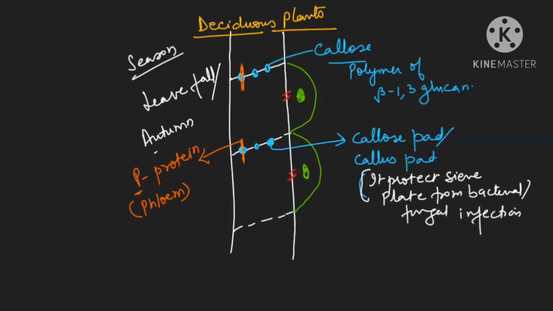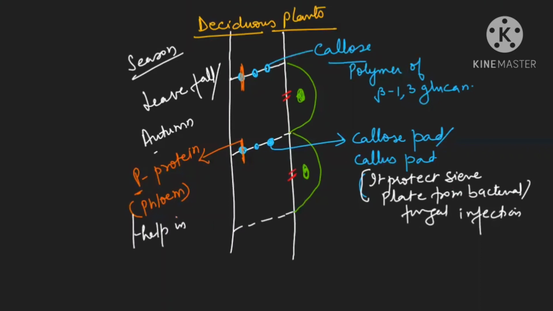Is it clear? So P proteins help in the callus pad formation, and they also help in dissolving it at the time of spring season, so that the pores get open and the food, meaning phloem work, can start. Okay, so I'm just writing it here.